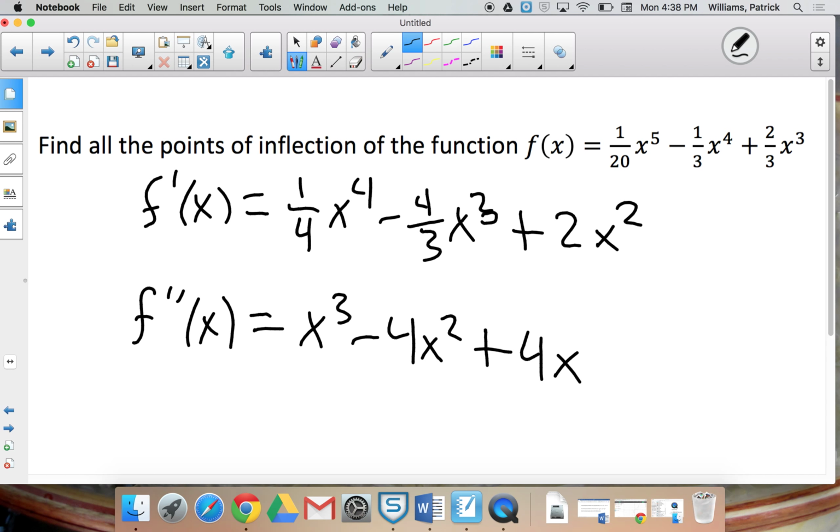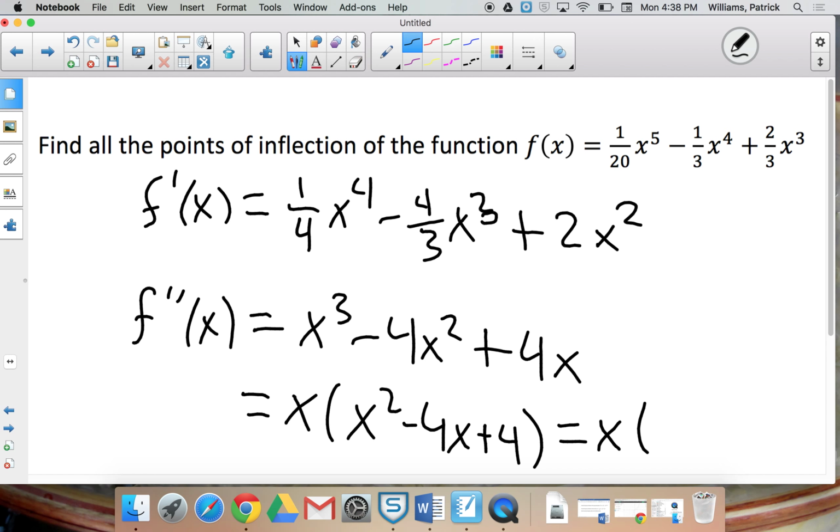What's a common term we have in here that we can pull out of every single term? Well, I would say we can pull an x out of everywhere. And then let's factor it further. How can we factor x squared minus 4x plus 4? Well, that's just going to be x minus 2, the quantity squared. So therefore, with factoring, we've been able to come up with a very good representation of our second derivative here.